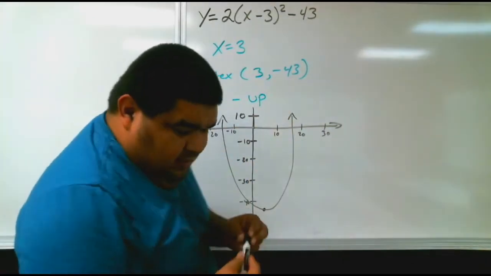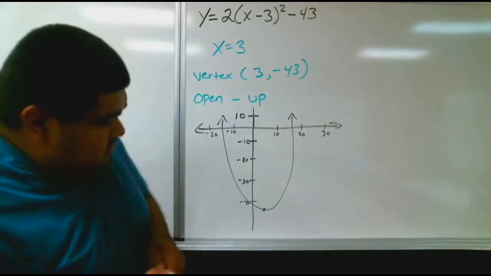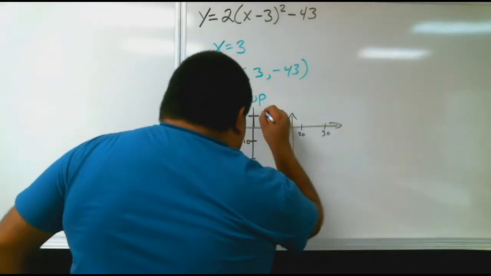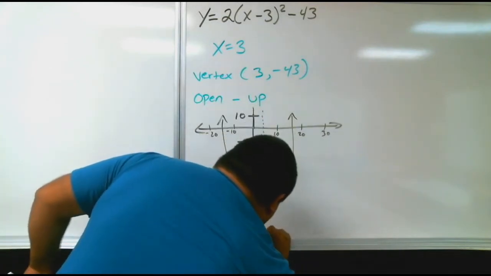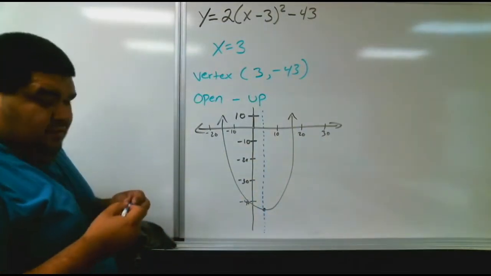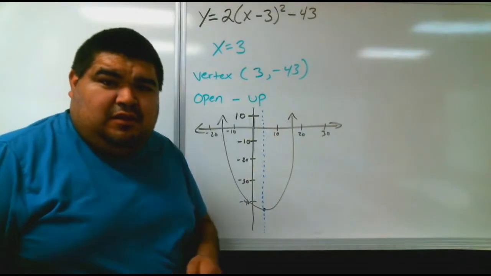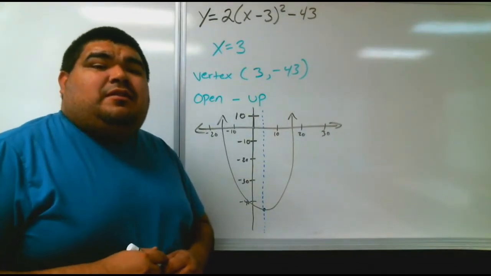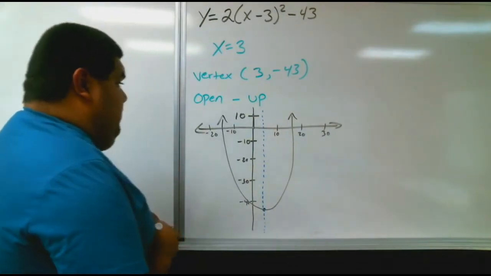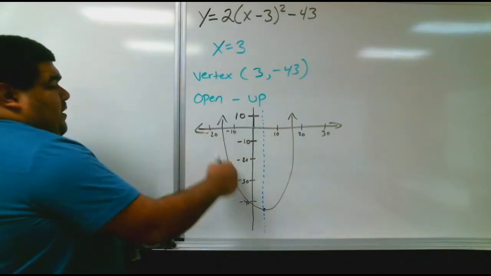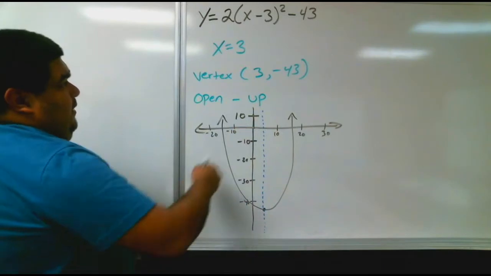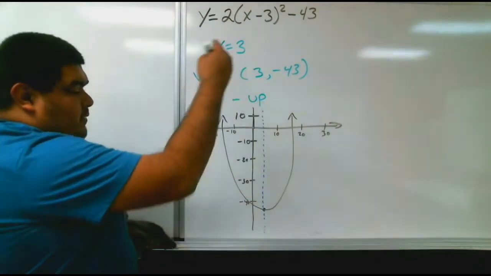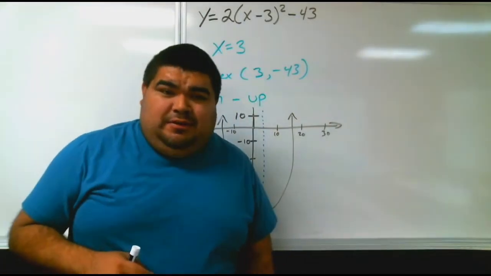So if we were to graph it, it will look something like this. I opened up, my vertex was at 3, negative 43, and my axis of symmetry was at 3.